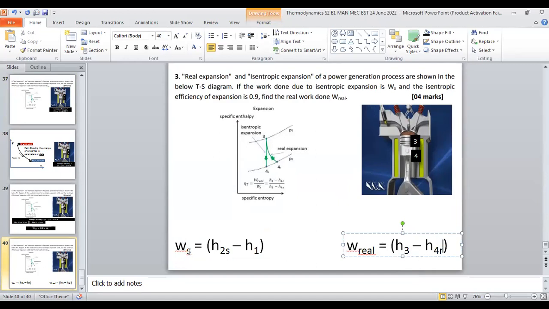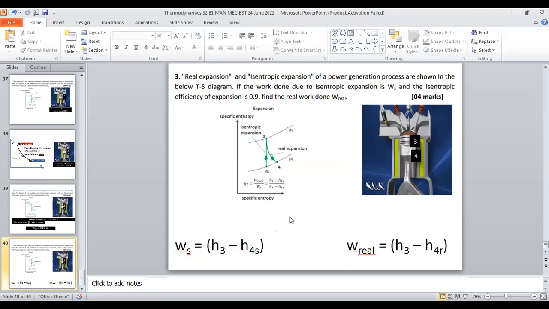So W isentropic is H3 minus, here it is 4, but isentropic. Okay.